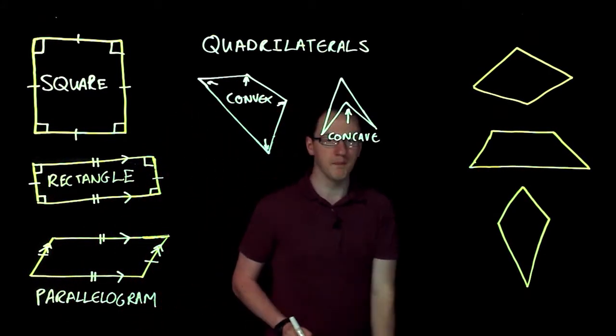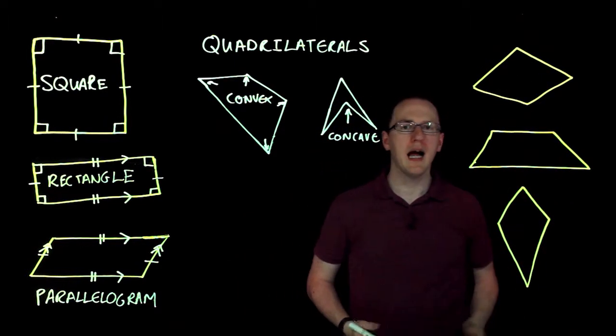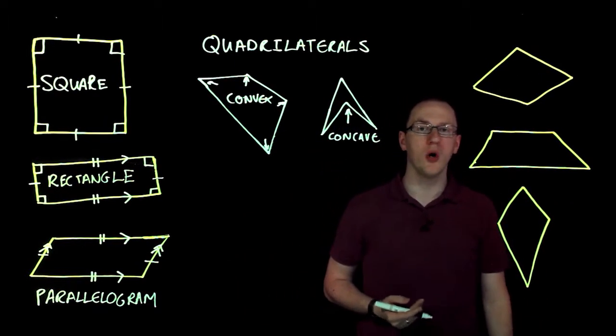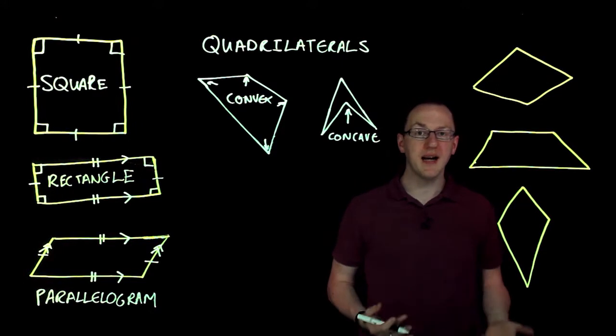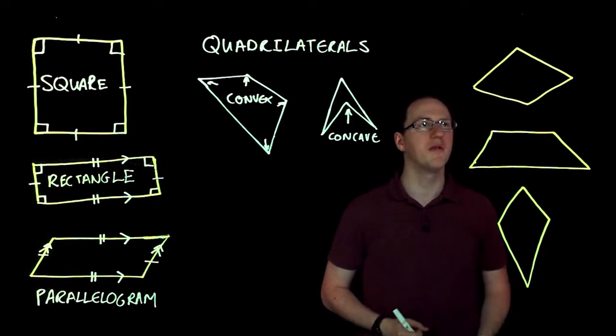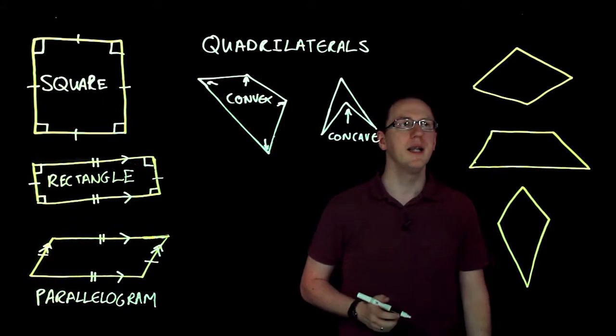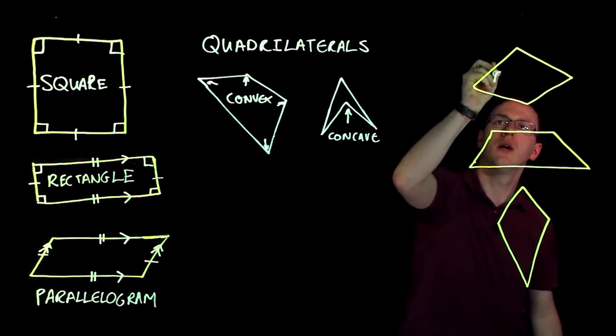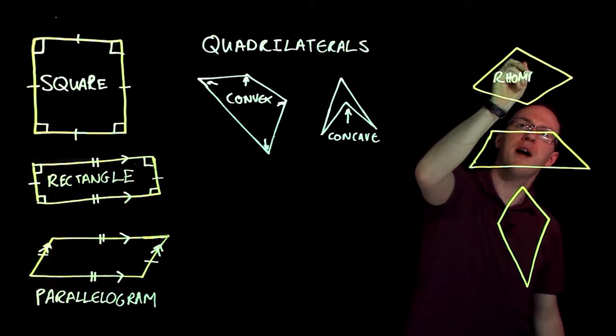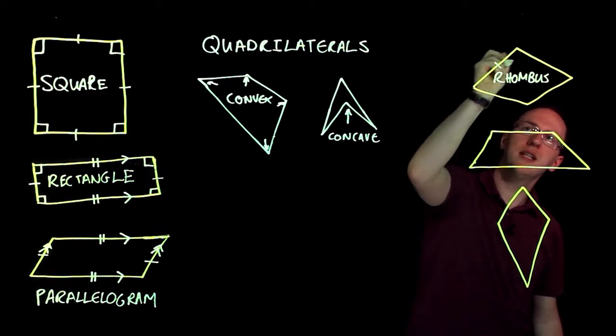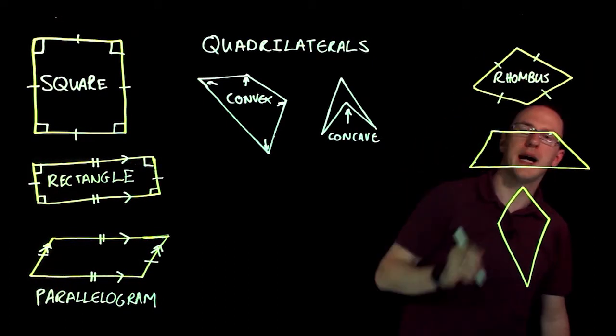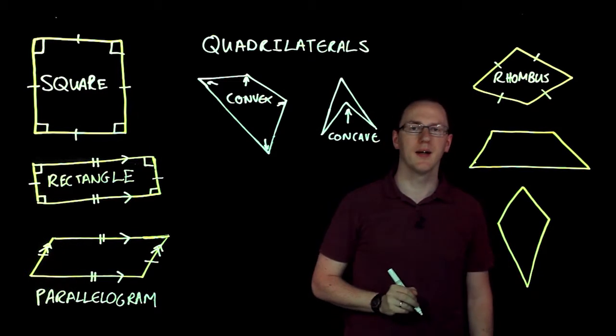Okay, 3 more. Over here we have what a lot of people mistakenly call a diamond. Okay, a diamond's a 3-dimensional shape that you dig up out of the ground. This is not a diamond. This is a rhombus. And we can identify a rhombus because, like a square, all 4 sides are the same length.